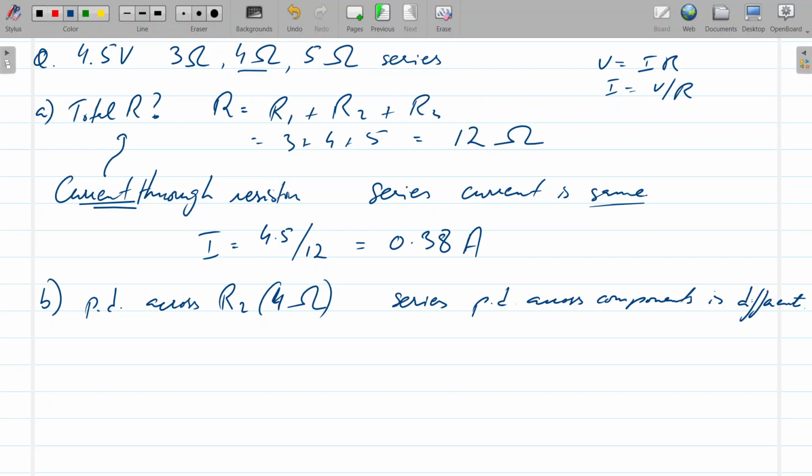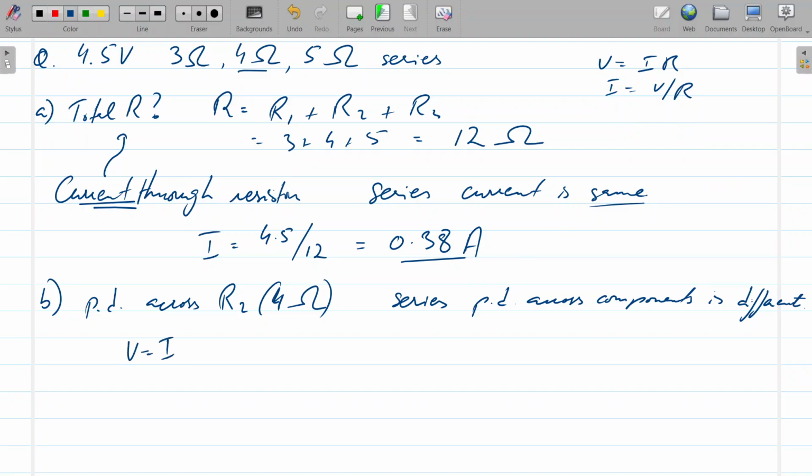Okay. Now, specifically, we know the total voltage in the circuit is 4.5. We know that the current through the circuit is 0.38, and that's going to be the same at any point because they're connected in series. So again, we rearrange this, and R equals V over I. In fact, no, V equals IR, sorry. We're going to stick with that.